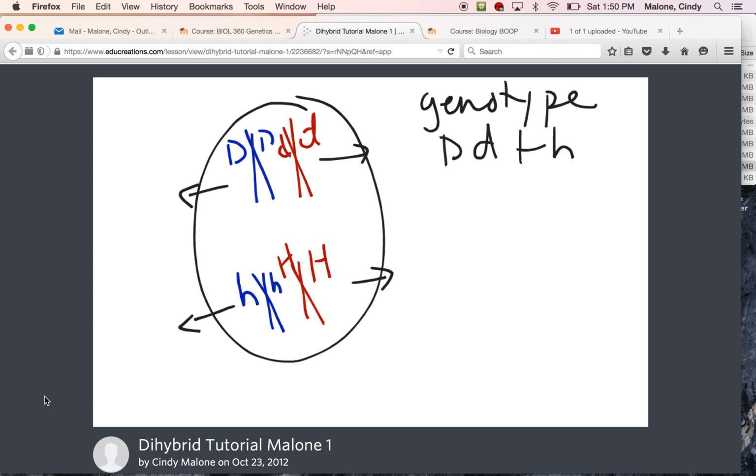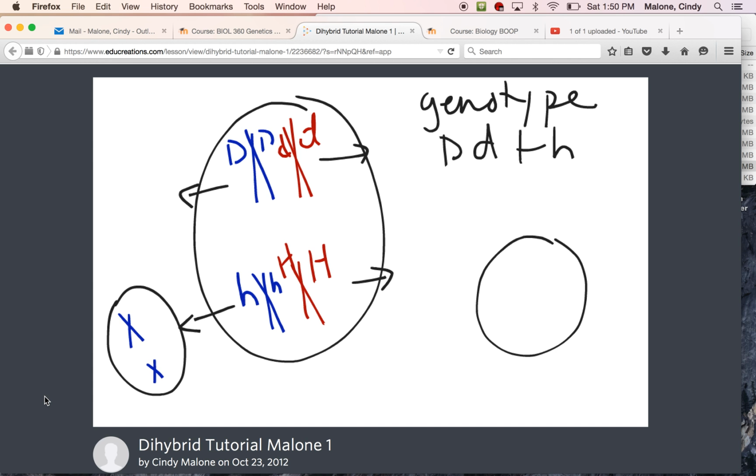And what we'd end up with would be, we'll draw them one over here and one over there. We would have haploid cells at the end of meiosis 1. This one, I'm only going to put the big D on one side because it's too small. And the big H and the little d's.